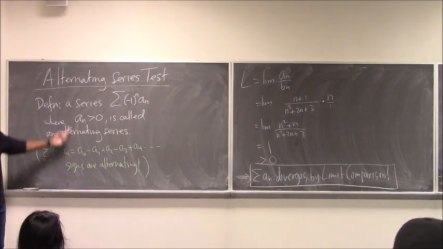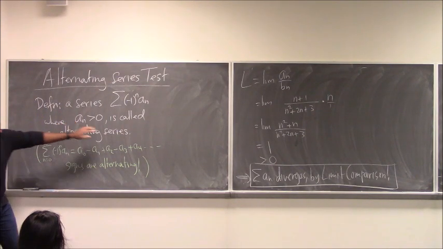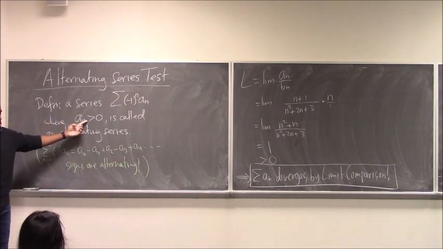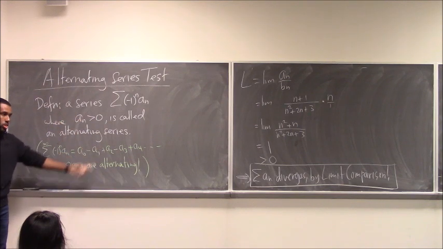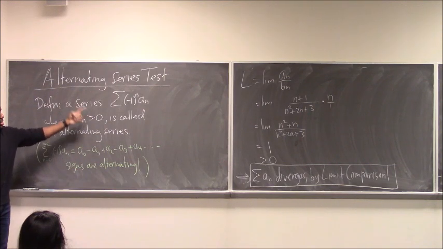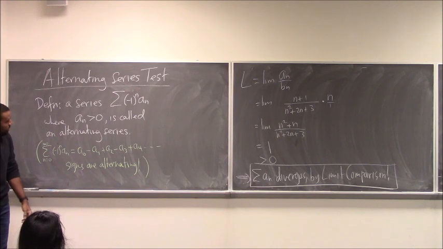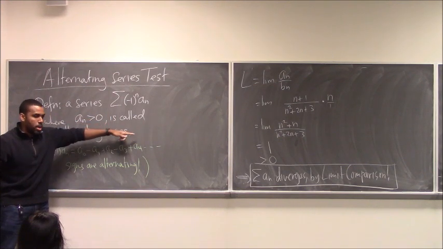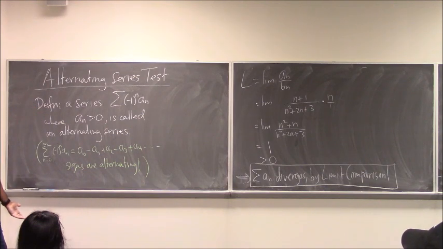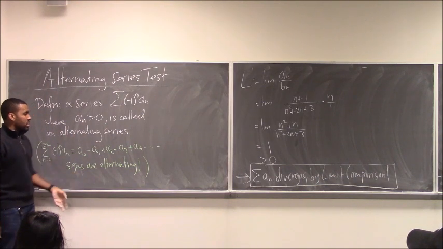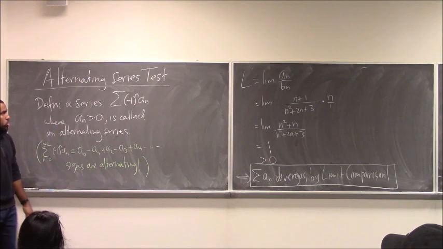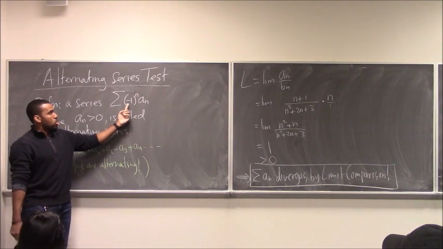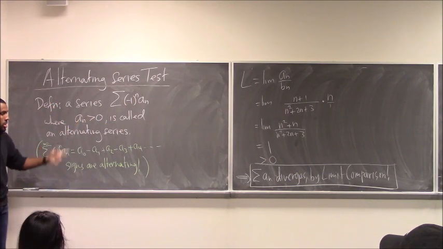And we require that our terms without this part are positive because I want to guarantee that signs are alternating. If they were allowed to be negative or 0, what can happen is if a negative coincides with a negative, I'll have a list of positive signs in a row and it won't be alternating at that point. So to guarantee that it is alternating, we make sure that this part is always going to be positive, or we have some other factor that's changing signs.